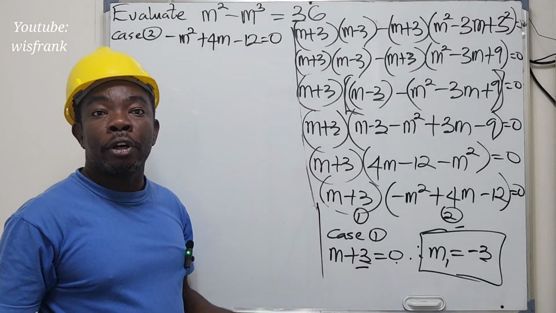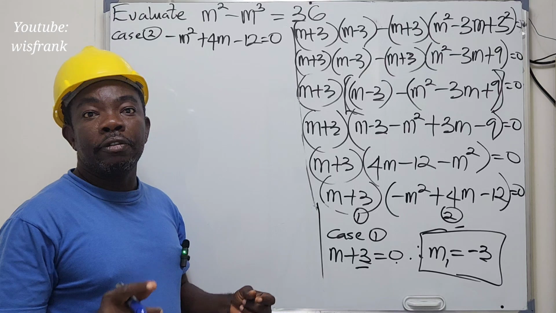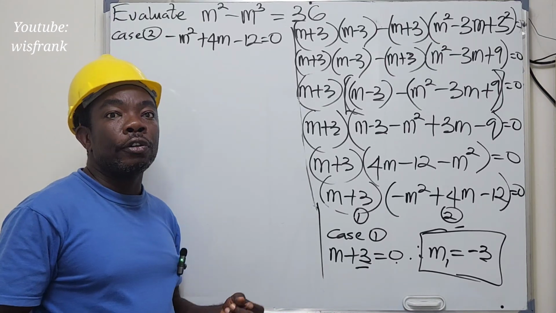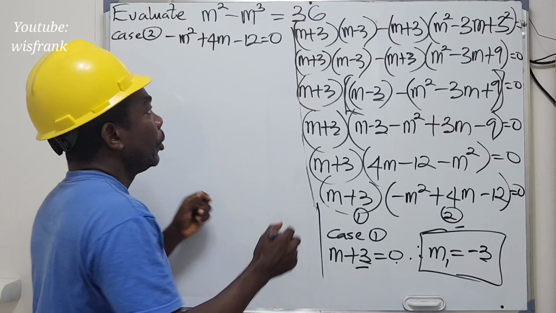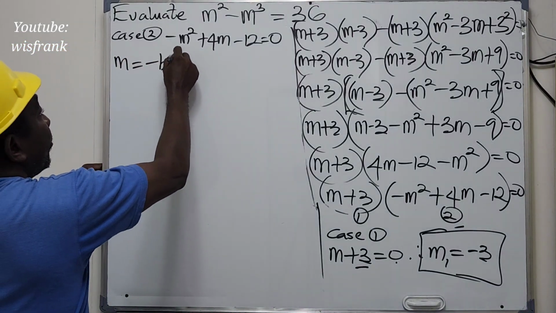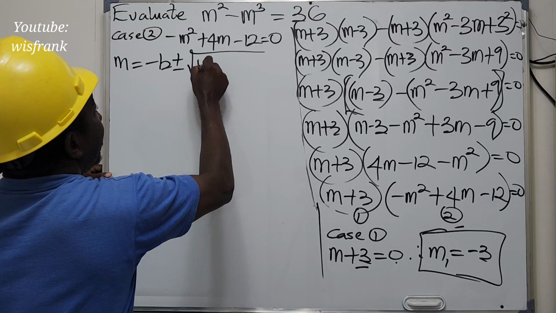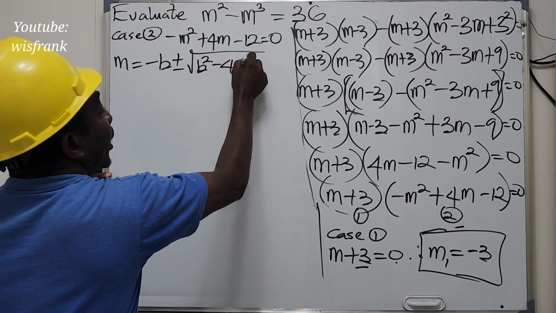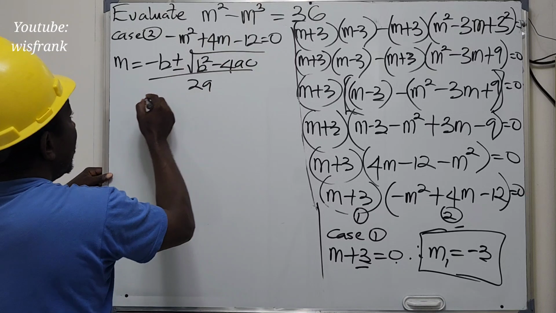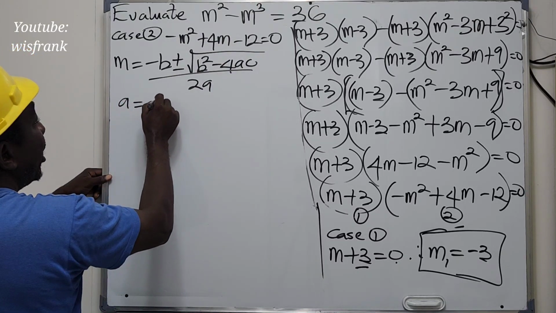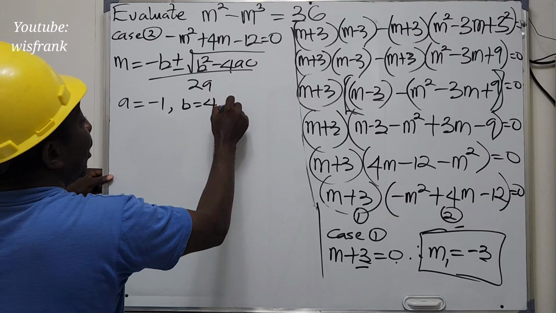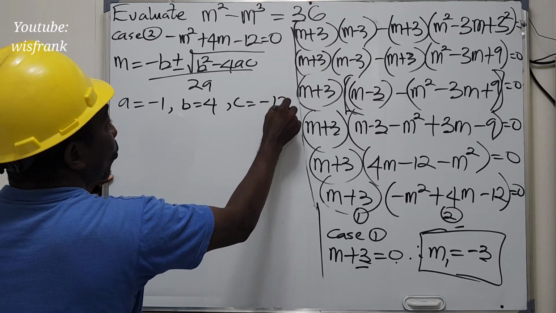We have different methods of solving quadratic equations. One of them that we are going to use is the quadratic formula to find the value of m. The quadratic formula is in the form m equals to minus b plus or minus square root of b to the power of 2 minus 4ac, all over 2a. In this case, we have a equals to minus 1, b equals to 4 and c equals to minus 12.